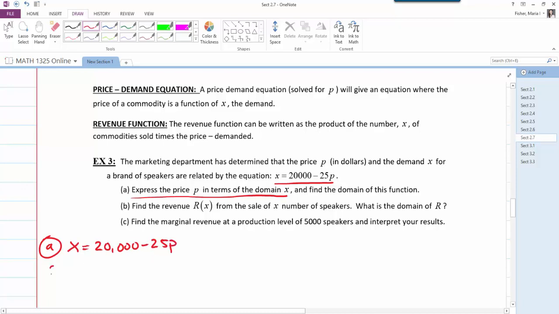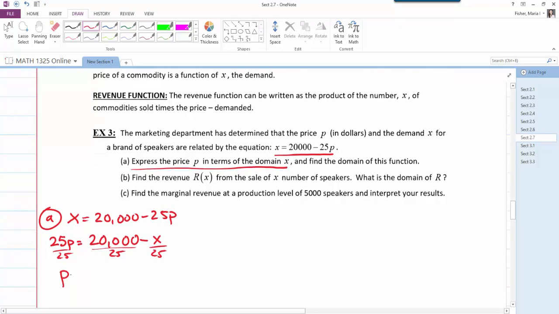If I move 25P over to the left and X to the right, I get 25P is equal to 20,000 minus X. And if I divide everything by 25 to solve for P, I get that P is equal to 20,000 divided by 25, which is 800, minus 1/25 X. So the price expressed as an equation where the input value is the demand would be 800 minus 1/25 X. Then it says find the domain of this function.